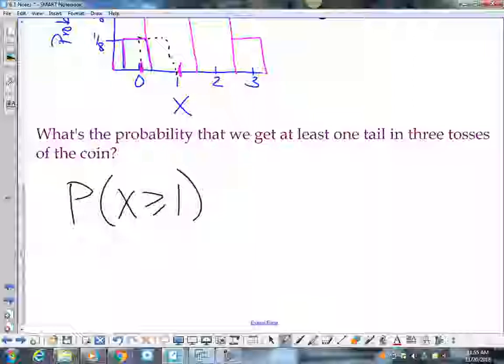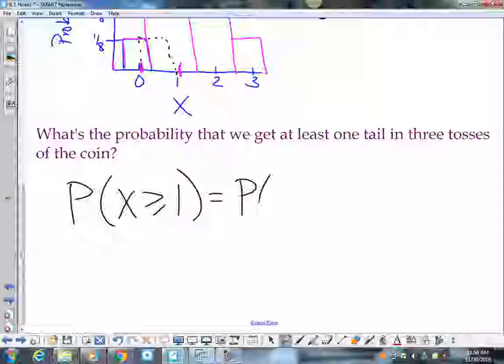How can I use this letter X? Because they've already defined it. X is that we're going to get at least one tail, so I need X to be greater than or equal to 1. Are y'all okay? Were y'all overthinking? Yeah, you got to back up. Baby steps. Okay, so to do that, I could do it 2 different ways.